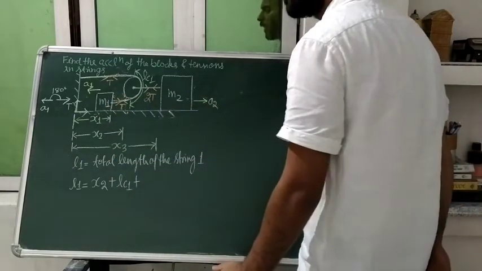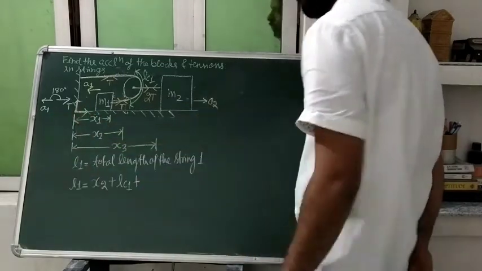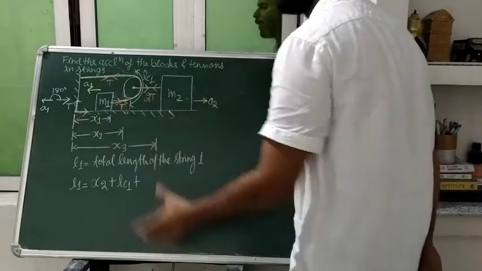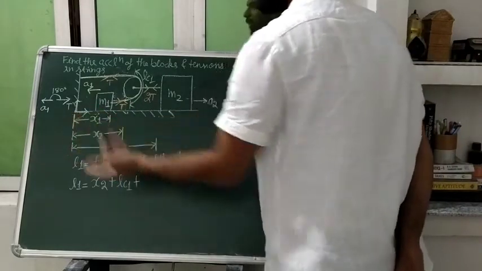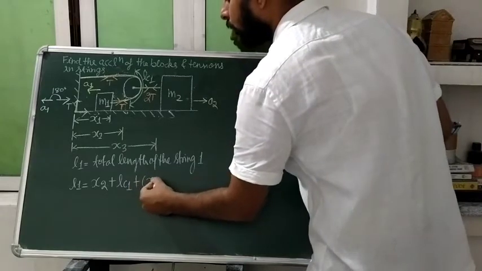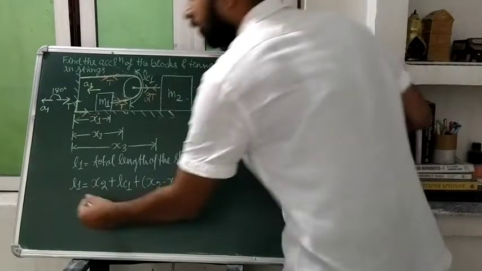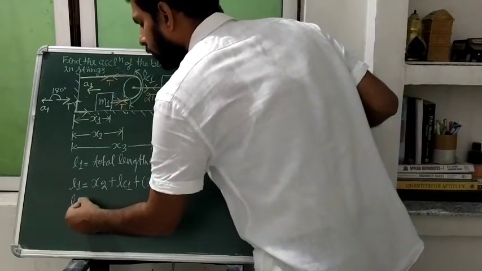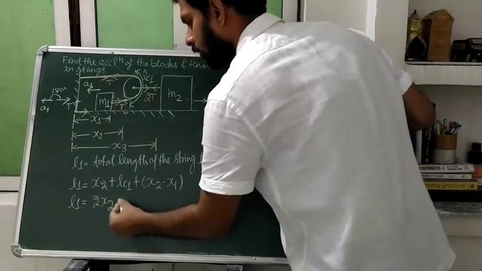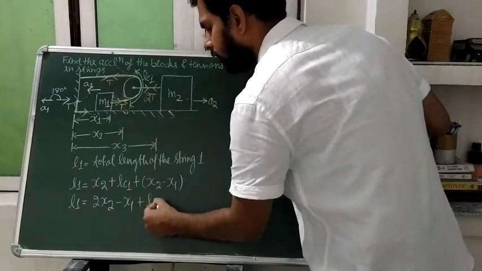How can you write this length? You can write it as x2 minus x1, isn't it? So L1 will be equal to twice of x2 minus x1 plus LC1.